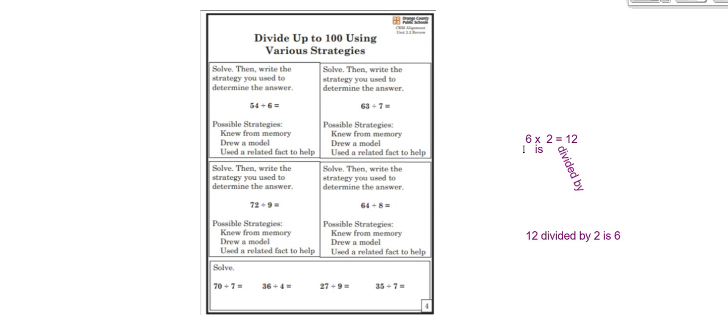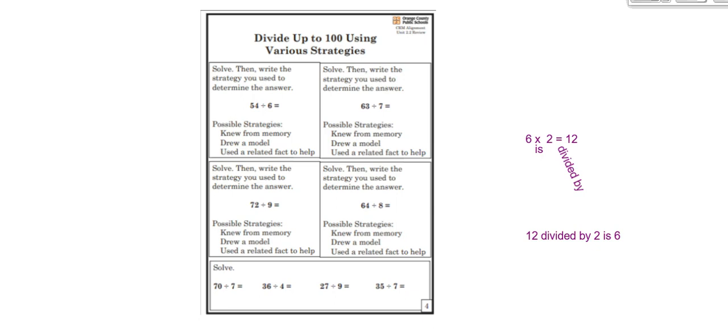Remember, division is the opposite of multiplication, okay? So again, using the same exact equation that we were given and reading it backwards, we should get our division problem, okay? So 6 times 2 is 12, or 12 divided by 2 is 6. Either way, it's the same thing. You're going to get the same expression.